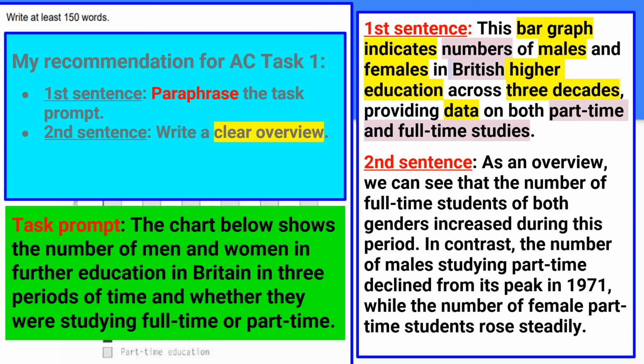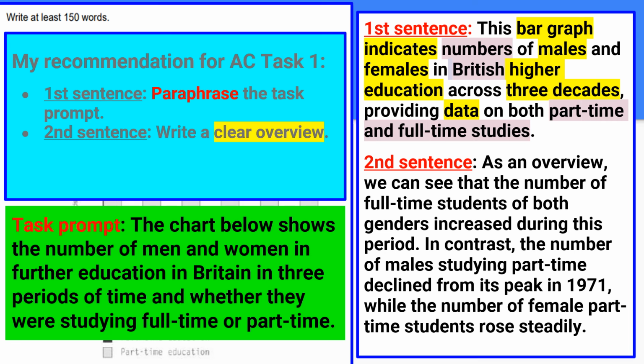For example, I've substituted the word chart with bar graph, or periods of time with decades, since the diagram showed 3 10-year time frames. In other cases, I've kept the same words but varied the sentence structure, and those are shown in brown. For instance, the singular form of number becomes plural, numbers.